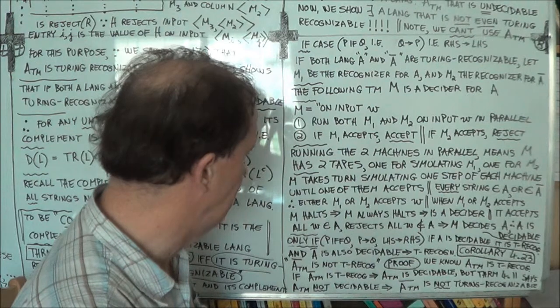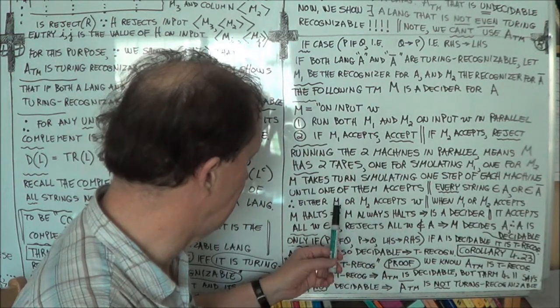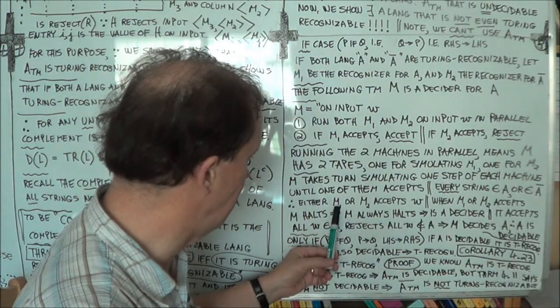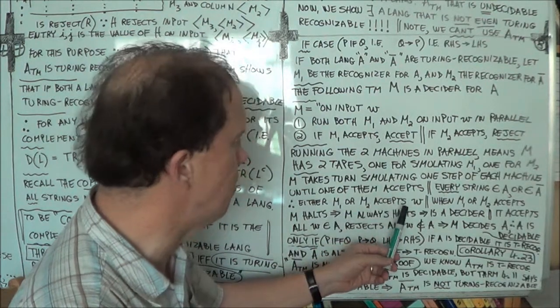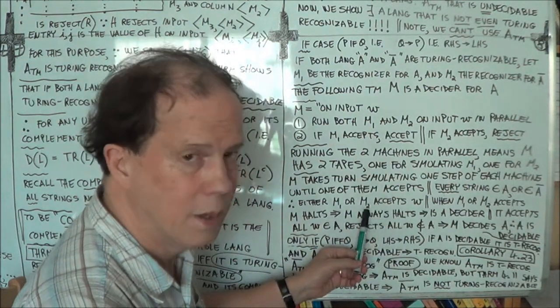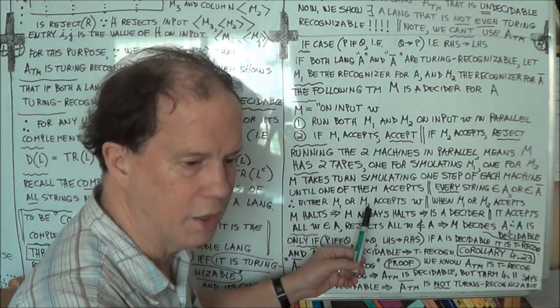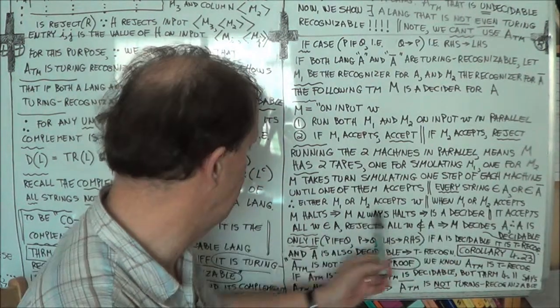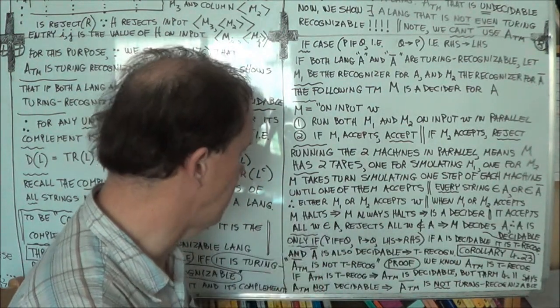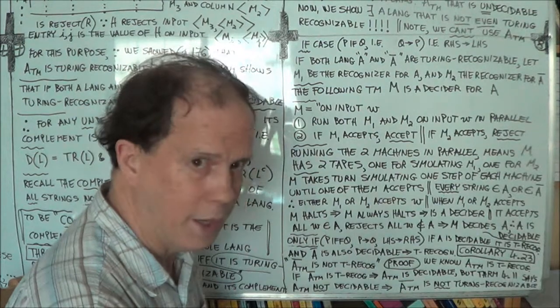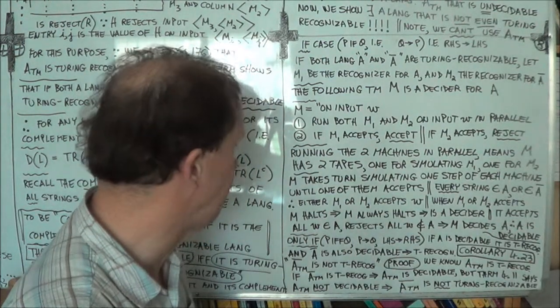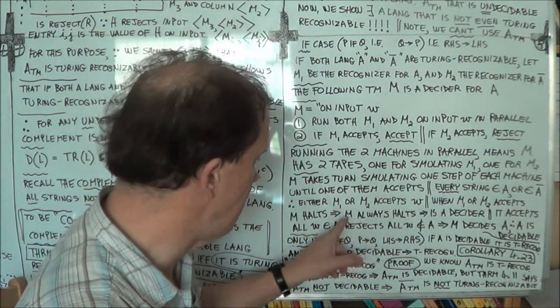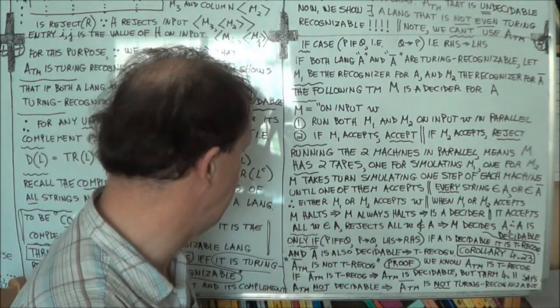Okay. So if M1 accepts, M will accept, and if M2 accepts, well, M will reject. So in other words, M is deciding; it always halts. Okay. So M then is a decider, right?